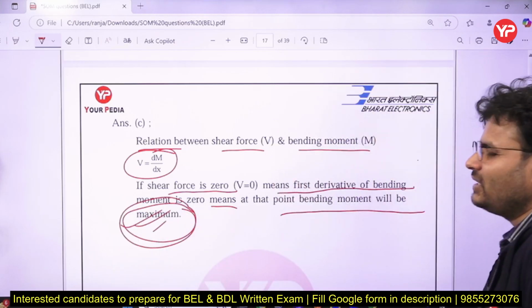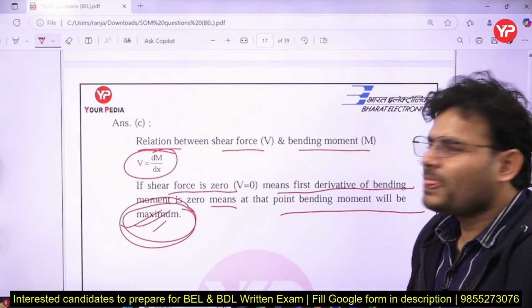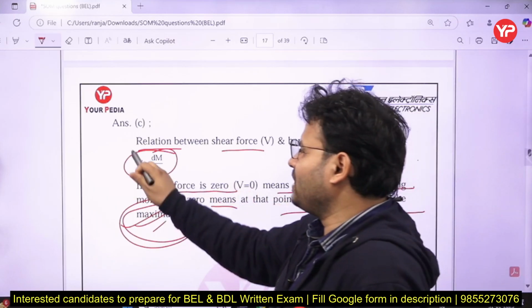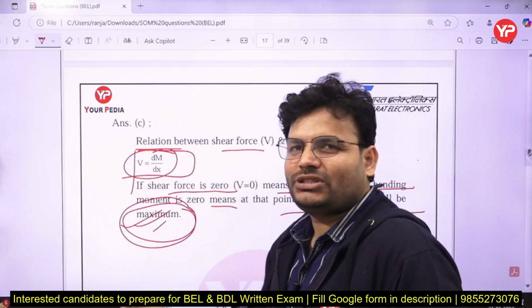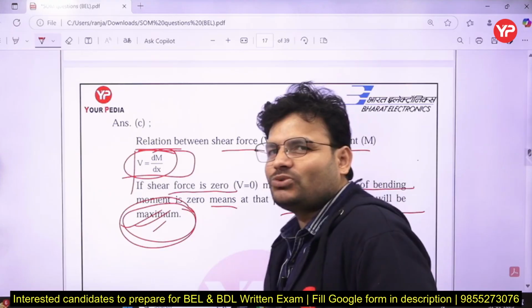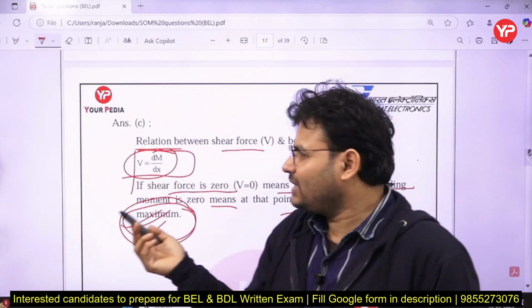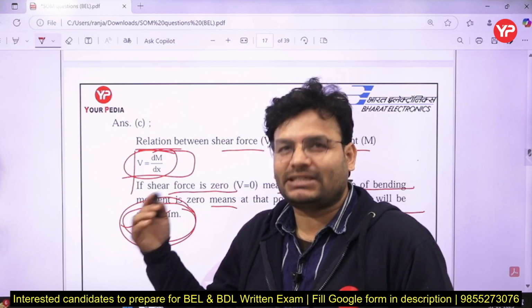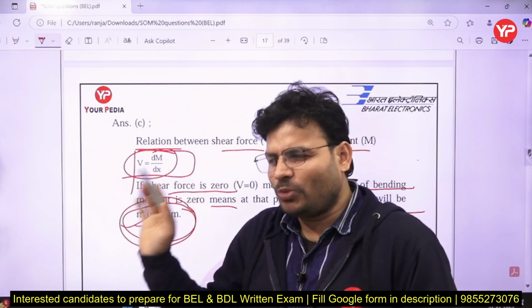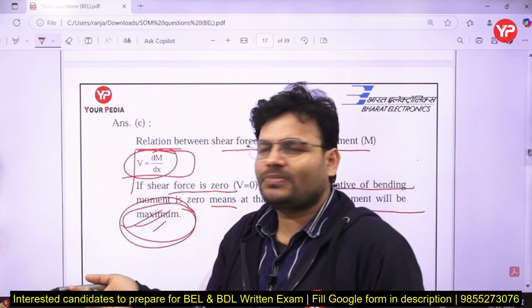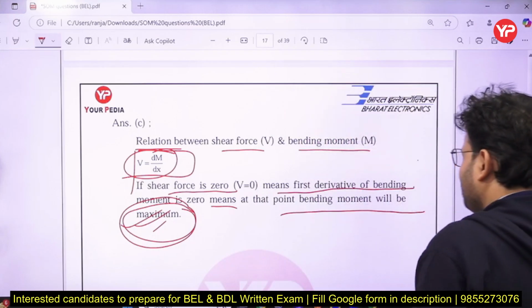So the correct answer will be C, where you will get the maximum. Keep that in mind: V, the shear force, equals dM upon dx. In fact, sometimes you are given the bending moment, and its slope is indicated by the shear force. That means the slope of the bending moment gives the shear force.